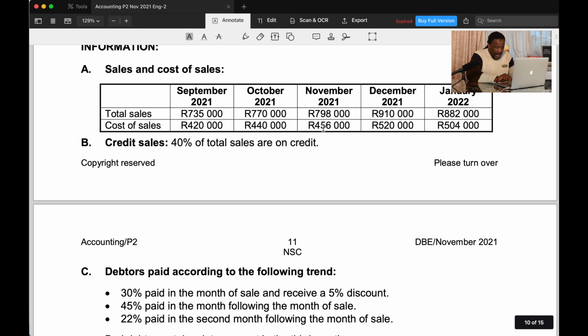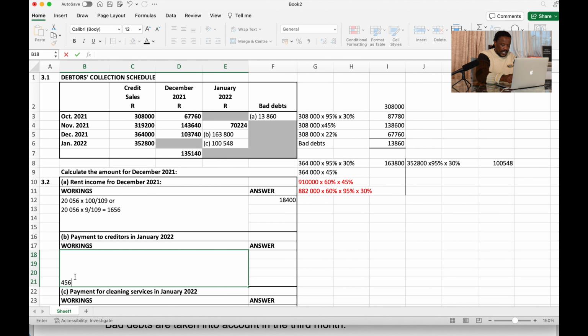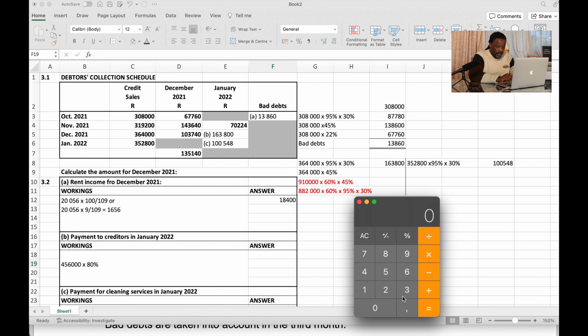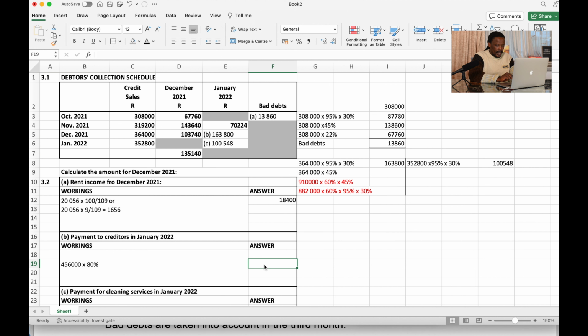And my November will be paid in January. 456,000 multiplied by 80%, and that amount is gonna be 364,800. Why 2 months after?